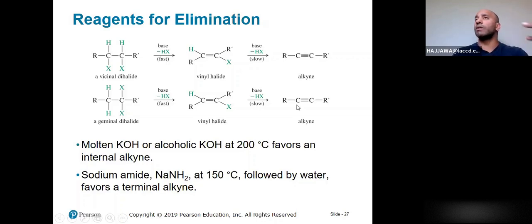So whether you form a terminal alkyne or an internal alkyne, there is no preference which base to use. Both will do the same job. But if I have a competitive pathway between forming an internal versus terminal, then I need to think of the sodium amide if I want the terminal alkyne to be formed, and I need to think of the KOH if I want the internal alkyne to be the structure.